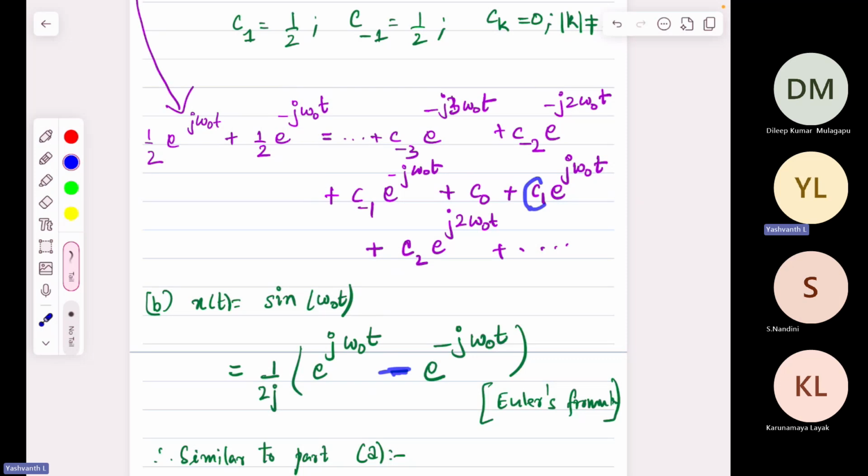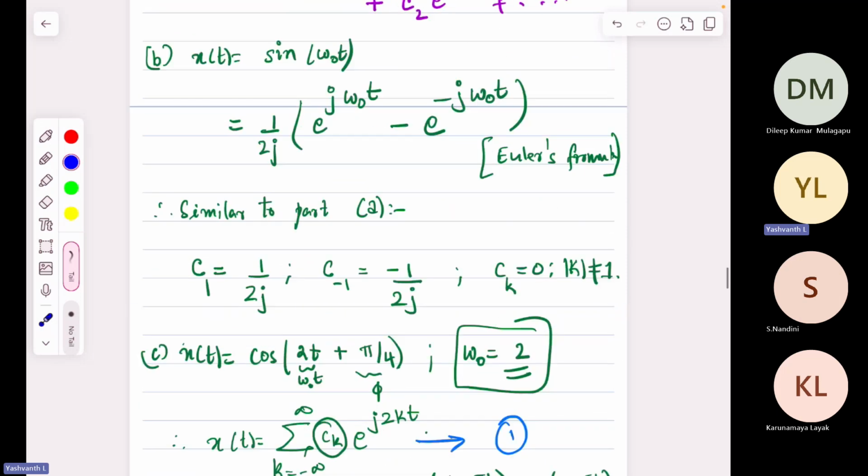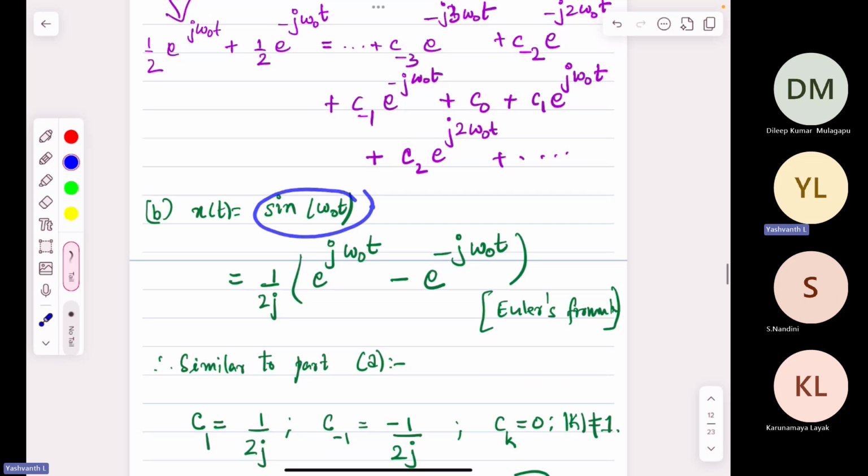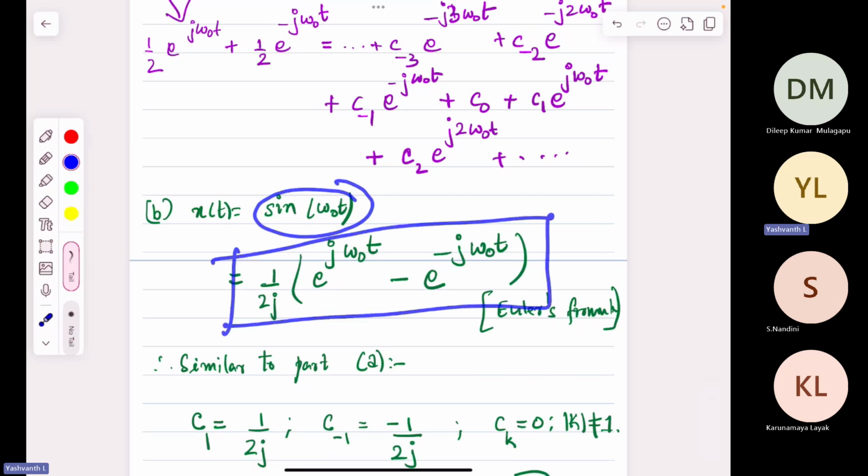So C1 is equal to 1 by 2j and C minus 1 is equal to minus 1 by 2j. That's what I've written here. And for every other k such that mod k is not equal to 1, your Ck will be equal to 0. So again, for sine omega naught t, the Euler's representation itself is the complex exponential Fourier series expansion. Is it clear?